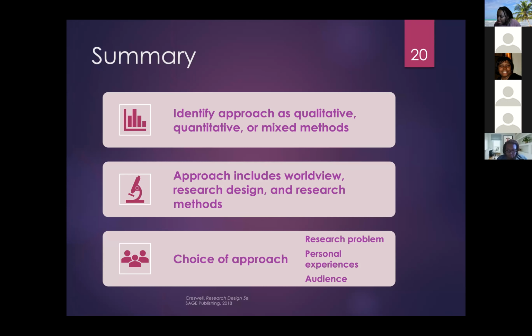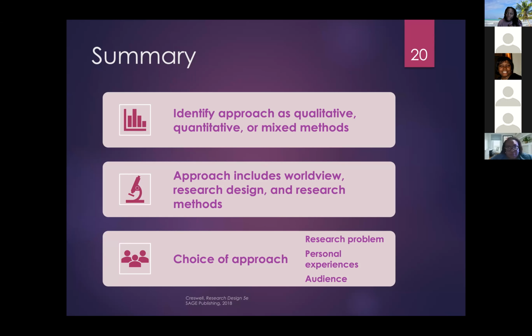So in summary, what we went through today is, first, we talked about a research approach as this big umbrella of where we're starting off in terms of our research and designing our dissertation research. With that approach, we talked about three different types that occur on a continuum, whether it's qualitative or quantitative, and mixed methods somewhere in the middle.